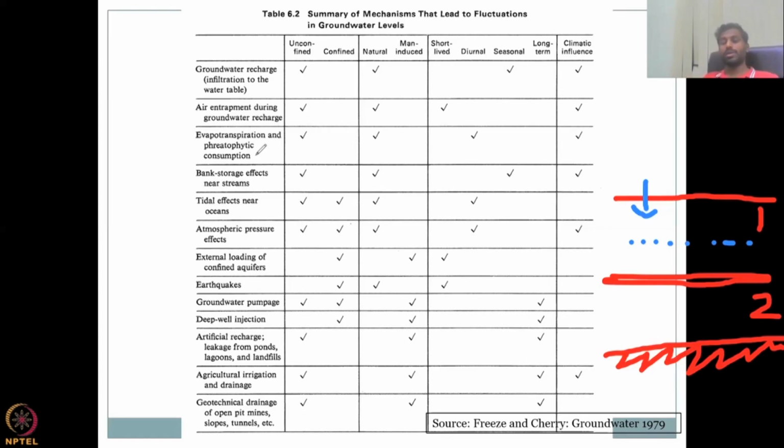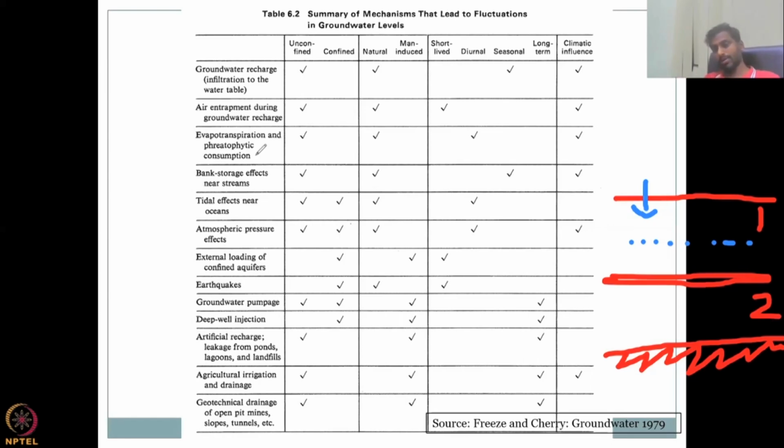It is purely nature-based, because water is being pushed by the groundwater recharge, and it is very short-lived. In fact, it is one of the least important processes for groundwater fluctuation. However, it fluctuates, and it is also influenced by climatic factors. If it's a very hot surface, all the water is taken out and the soil is full of air.